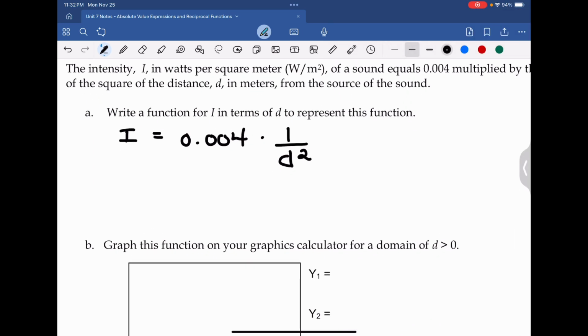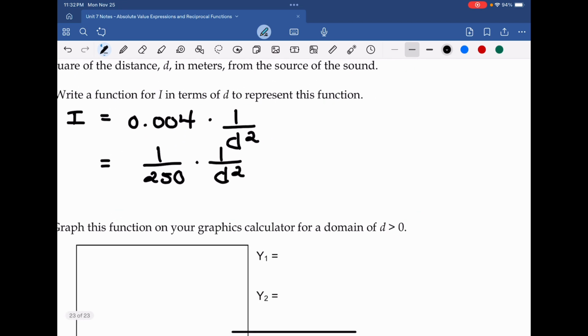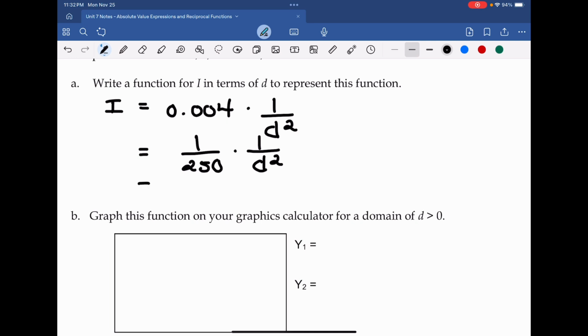So now I can write this equation in the following way. It's 1 over 250 multiplied by 1 over the distance away from the source squared, and this will give us an intensity formula equal to 1 over 250 d squared.